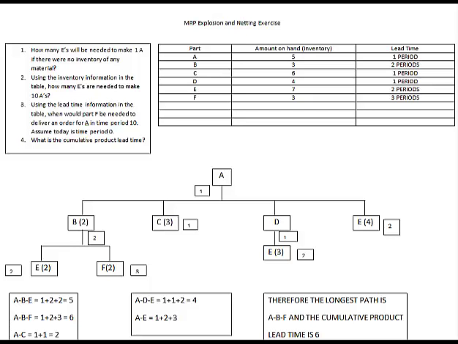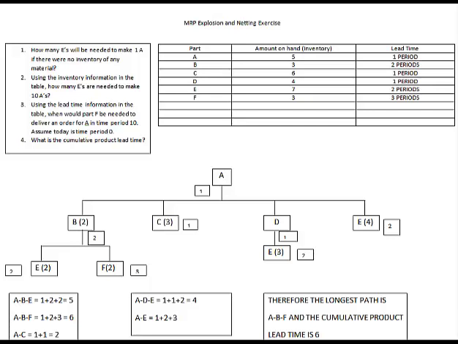Well, we have a path from A to B to E. So to add the lead times for that path, that would be 1 for part A. It would be 2 periods for part B. And then finally, to get part E from a supplier requires 2 time periods. So the sum of that path would be 1 plus 2 plus another 2, or 5.